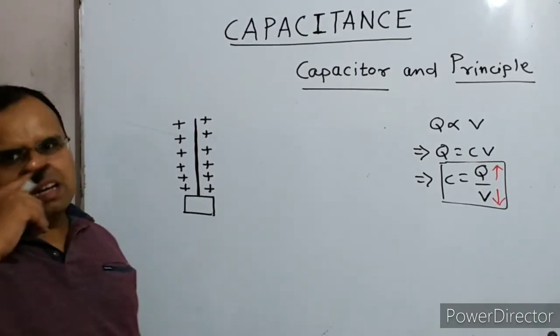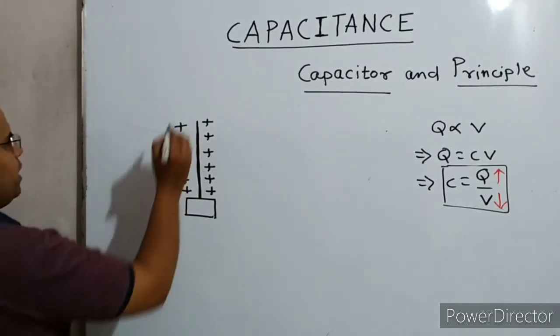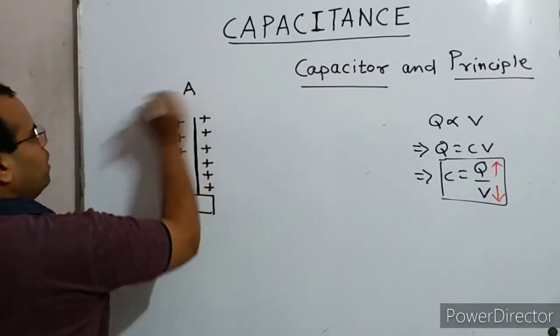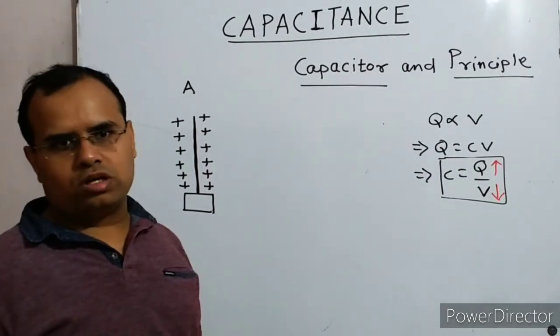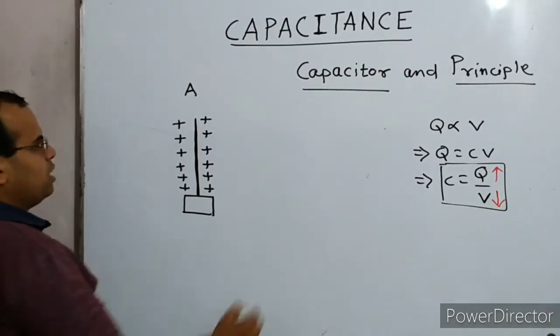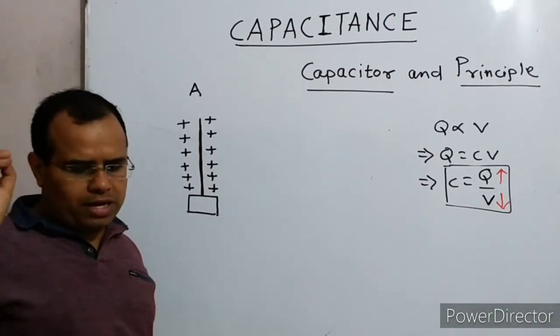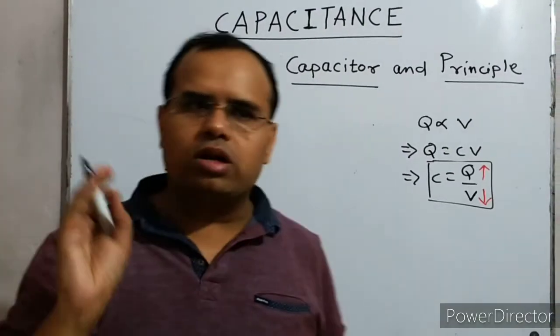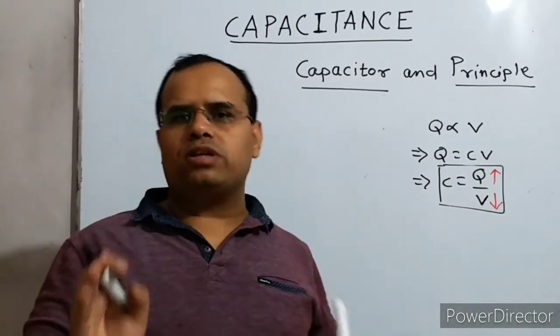By that we are increasing the capacitance. Say this is plate A; we can increase the capacitance up to an extent by providing charge to the conductor. Now we have provided the maximum charge which the conductor can hold. So this is the maximum limit we have reached.